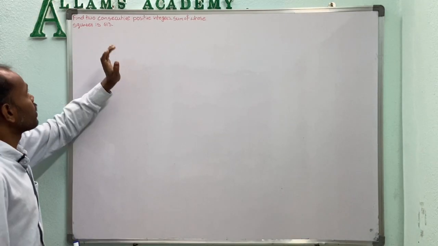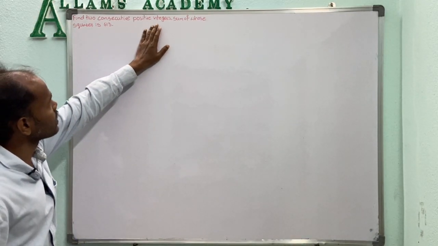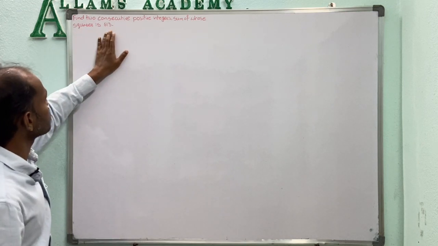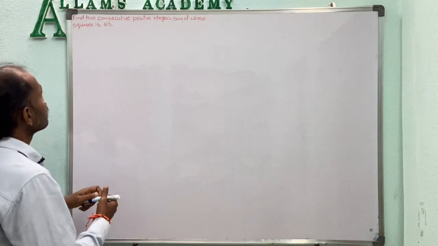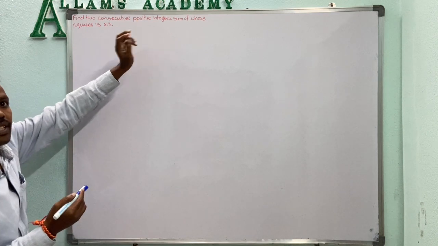Coming to the given problem: find two consecutive positive integers, the sum of whose squares is 613. So here we want to take two consecutive positive integers.